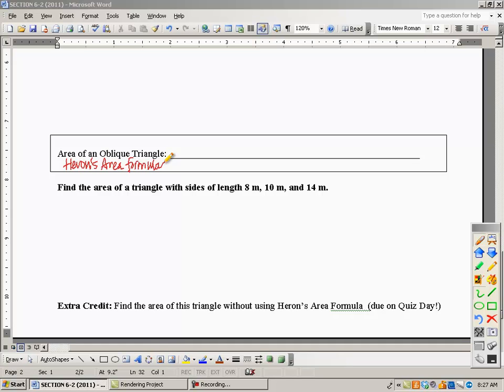You get the square root of s times s minus a times s minus b times s minus c, when s is 1/2 times the sum of all three sides for a triangle ABC with sides A, B, and C.